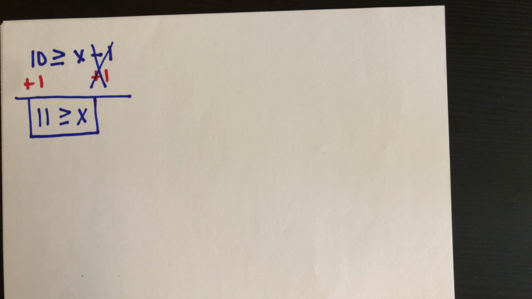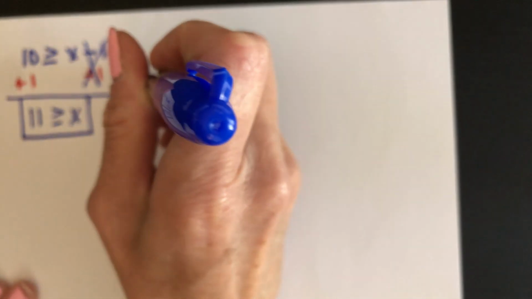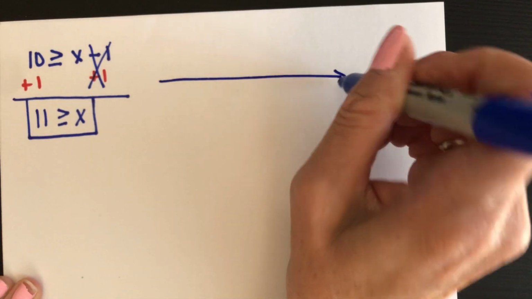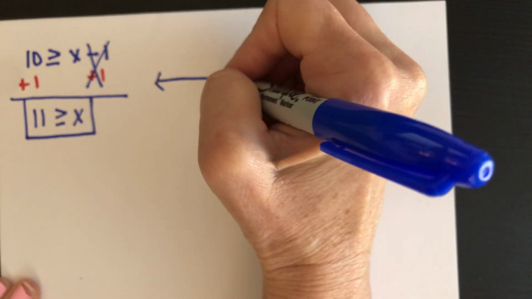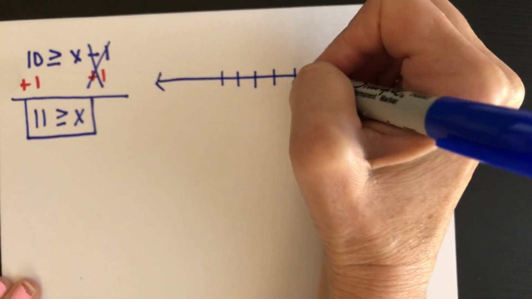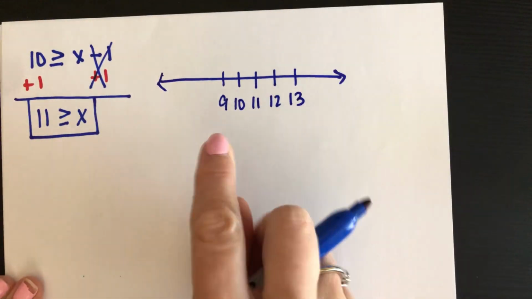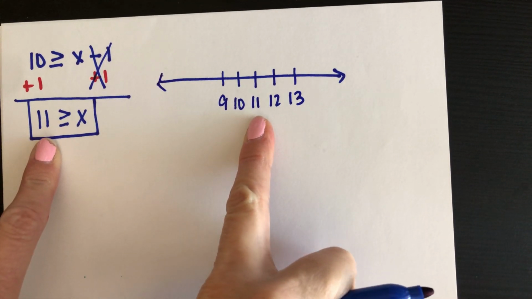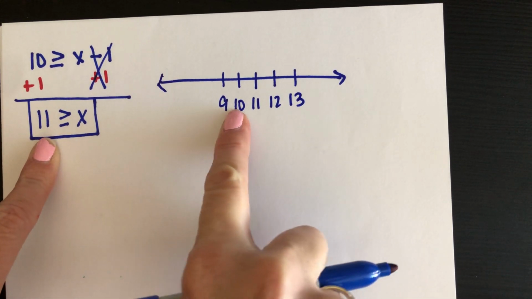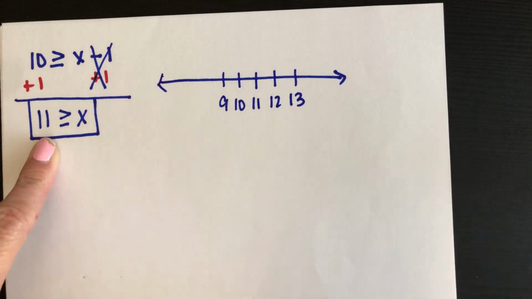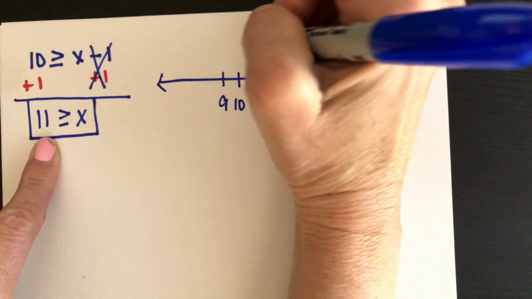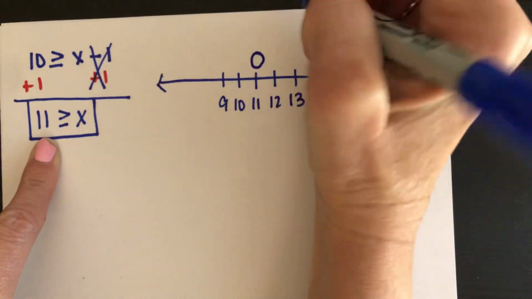So let's see how we would graph this. Okay, so my number that I'm working with is 11. So I did 2 below it, 2 above it, just on my graph. Again, you don't need more than like 5 numbers, that's fine. Plug in my 11.